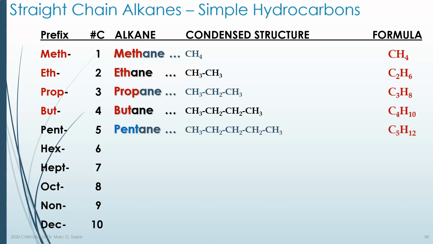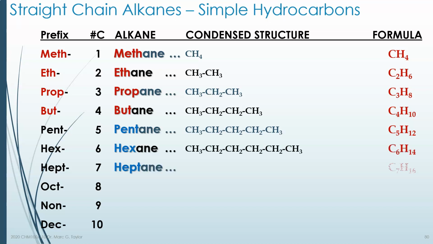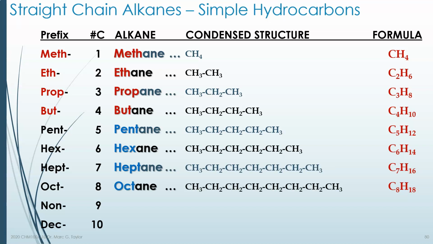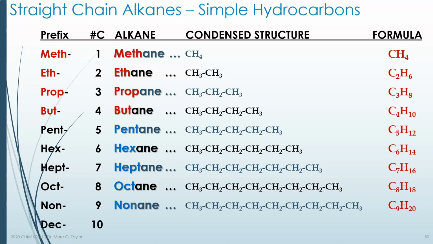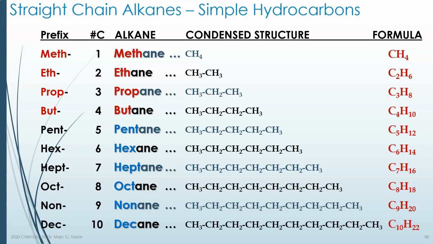So pentane has 5 carbons, and what we call normal pentane would be straight chain, 5 carbons in a row linked together in a long chain. Hexane is 6, heptane is 7, octane that you put in your gas tank is 8 carbons in a long chain, nonane 9, and decane 10 carbons.